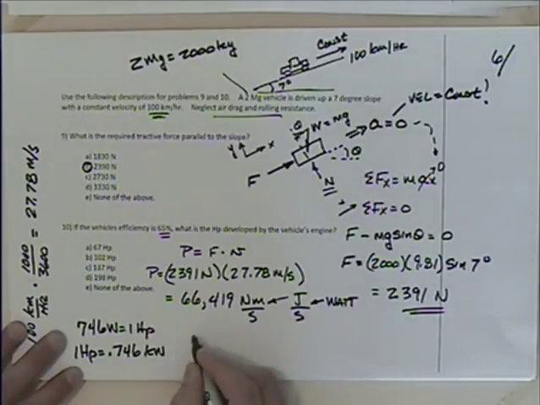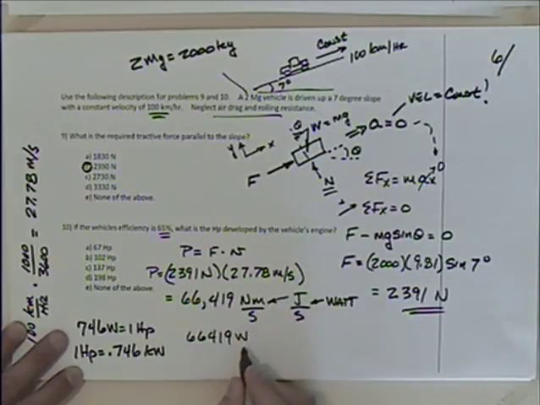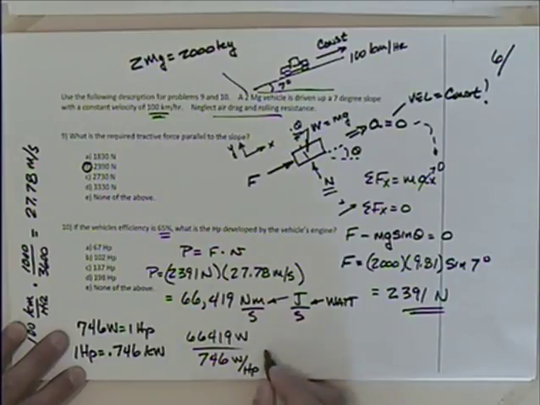So with that, I could take this 66,419, that is watts, and divide by 746. That's 746 watts per horsepower.